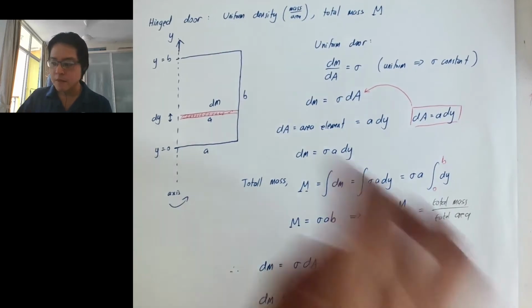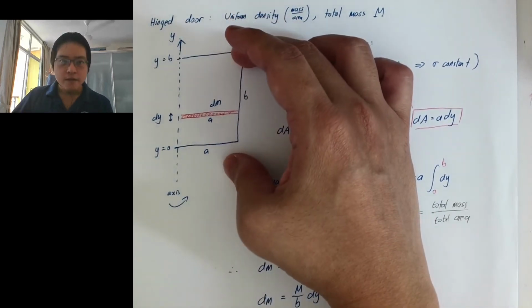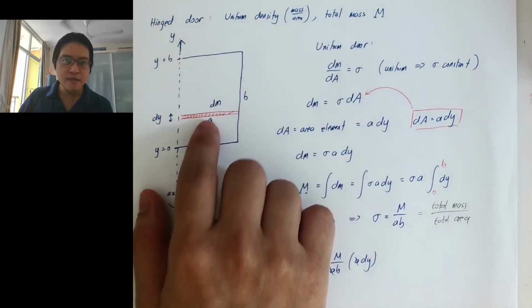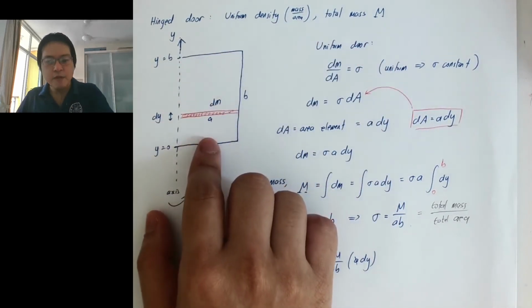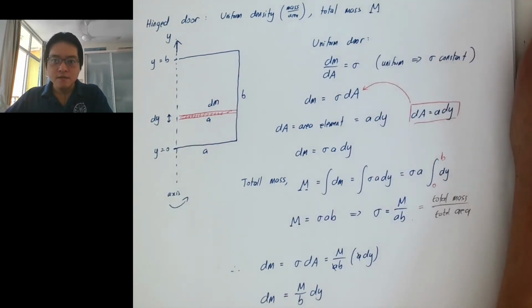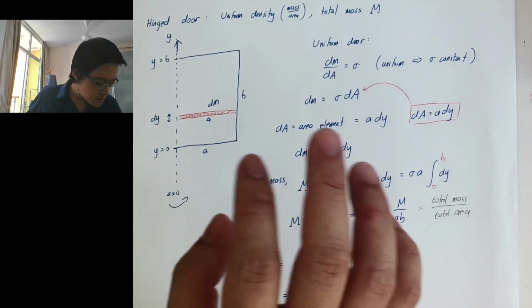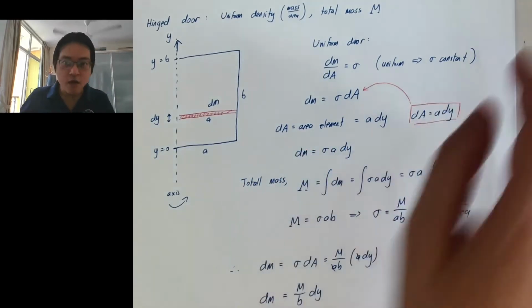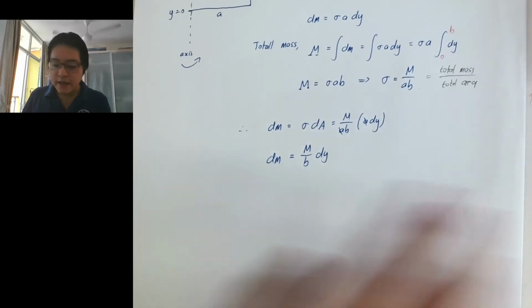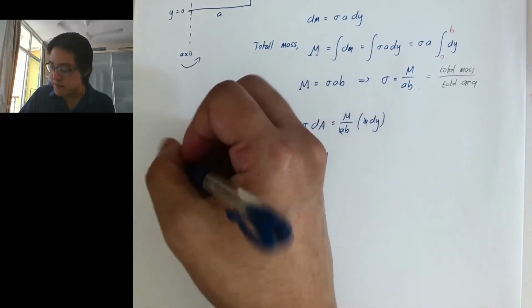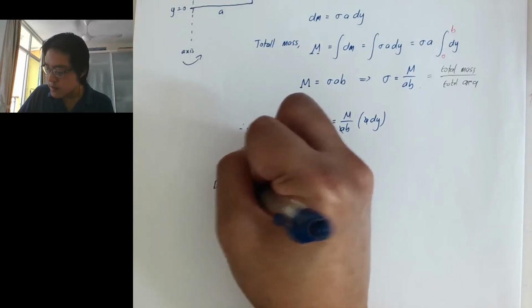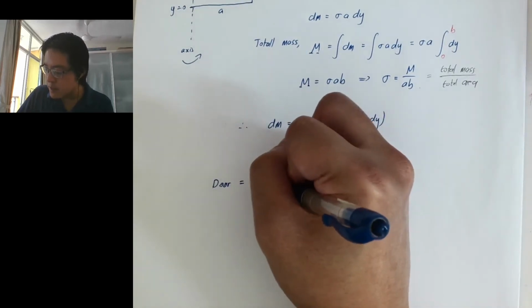Remember, the trick is the following: to think of the door as a stack of many rods. So the door is a stack of many rods, and that means we are going to use this fact. A door is the sum of many rods.